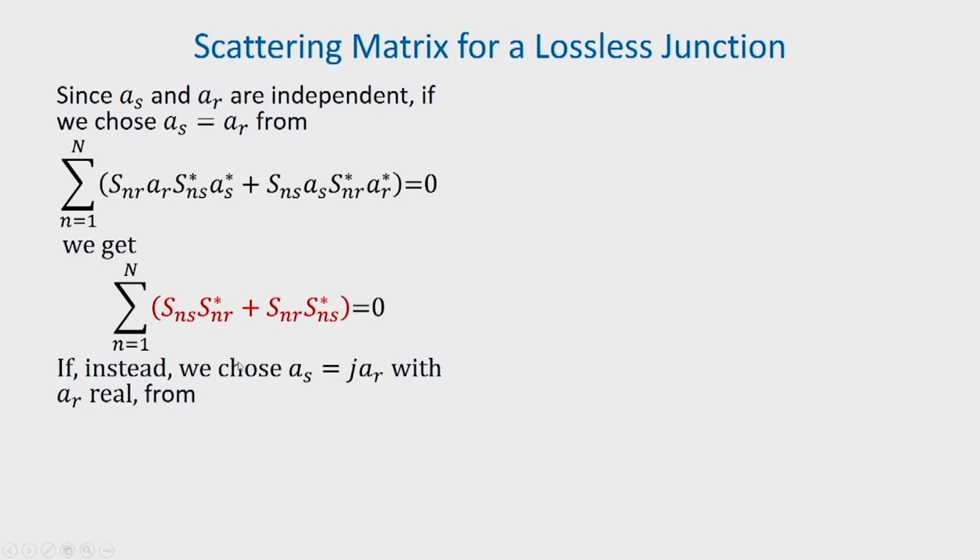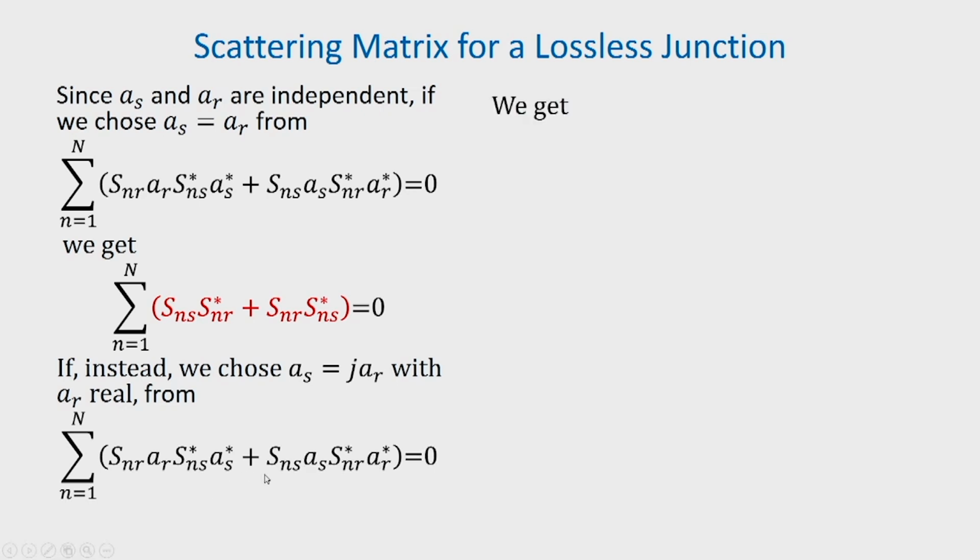And if instead we choose A S equal to j A R, with A R real, that means A S is purely imaginary and A R is real, then we get another equation: summation of S n S S n R conjugate minus S n R S n S conjugate equal to 0.